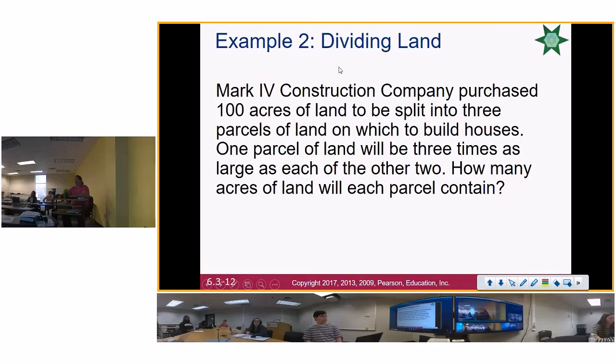Okay, Mark IV Construction Company purchased 100 acres of land to be split into 3 parcels of land. First of all, when you see this type of question, you're going to say 1 plus 2 plus 3 is equal to 100.